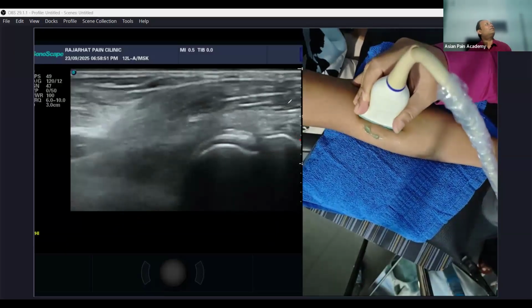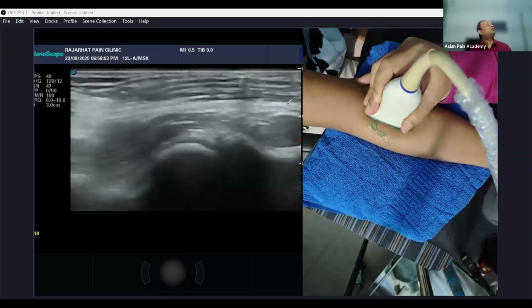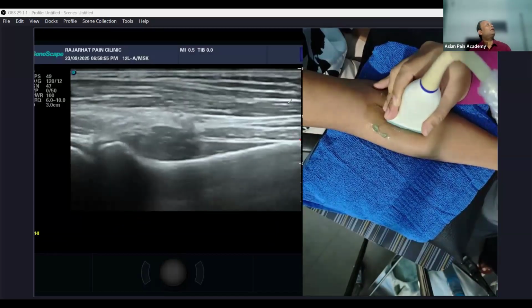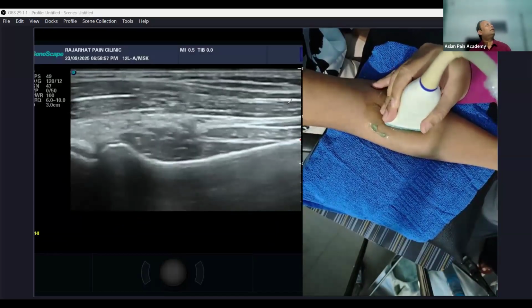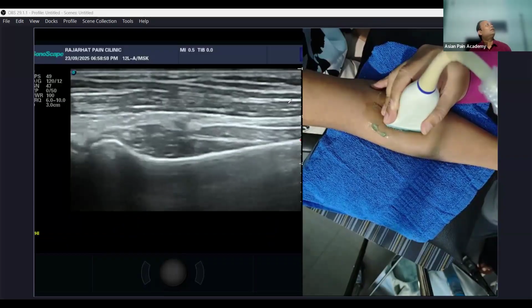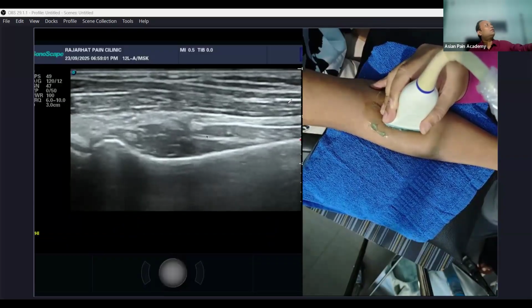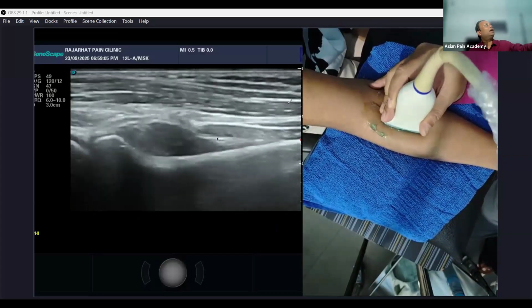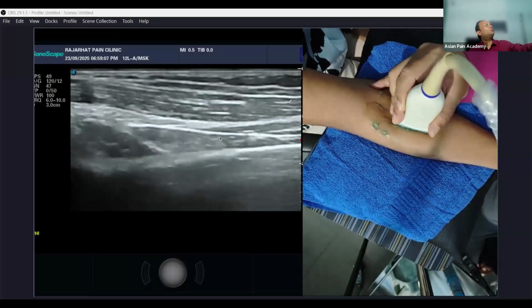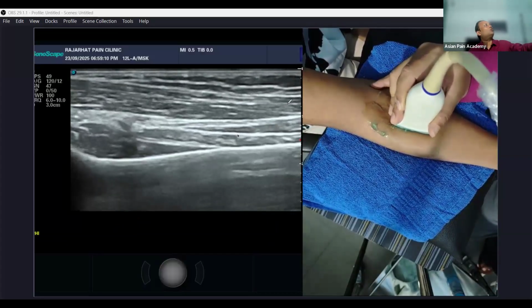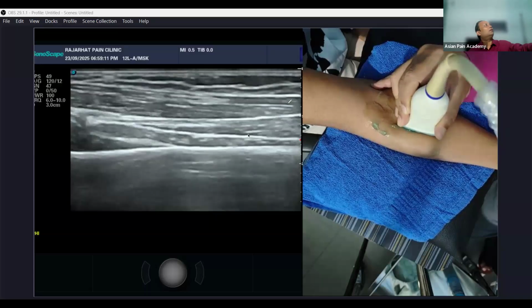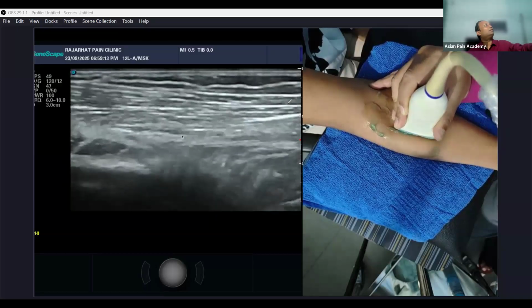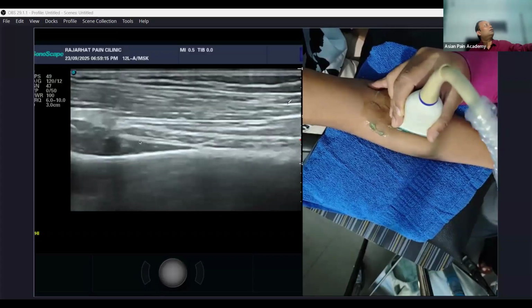Okay, let's see again. Cranial side is the left side. So I am seeing here just over the radius. This is the deep branch of the radial nerve, and the upper part is the superficial branch.